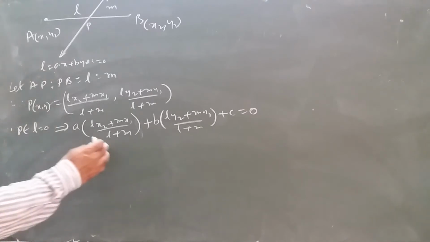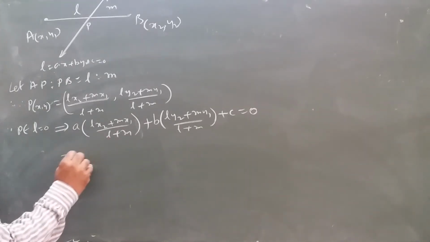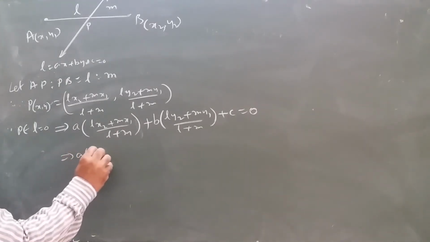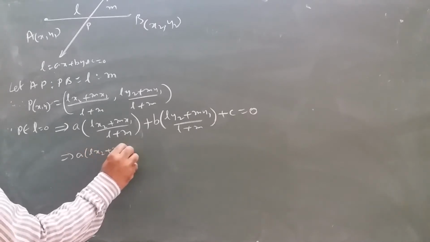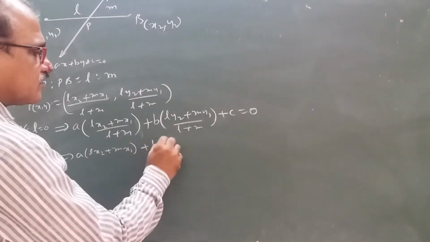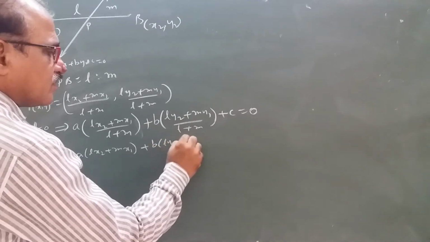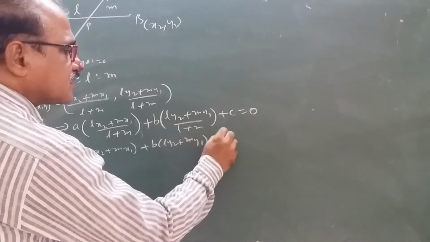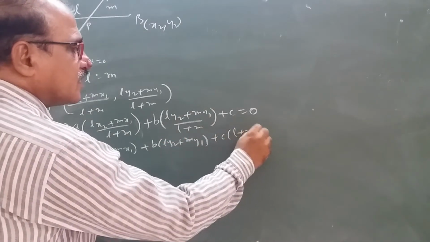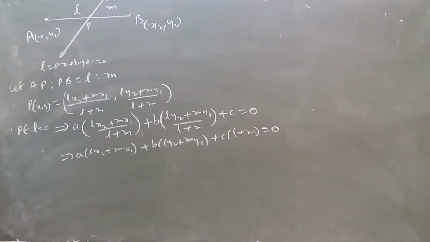By multiplying with L plus M, that implies A into (Lx2 plus Mx1) plus B into (Ly2 plus My1) plus C into (L plus M) is equal to 0.